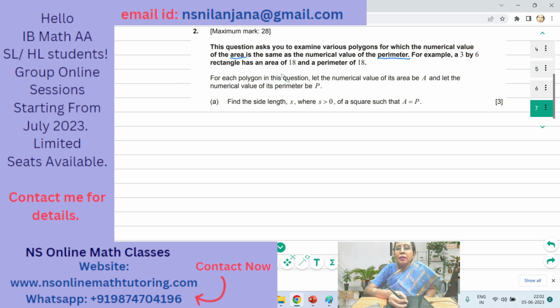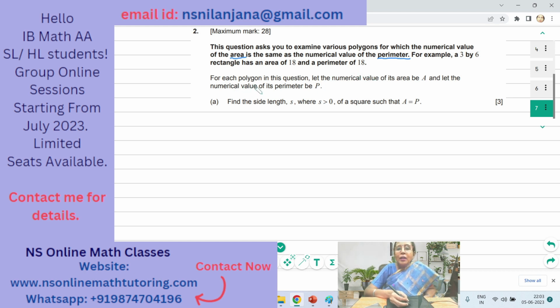For example, a 3 by 6 rectangle has an area of 18, 3 times 6 is 18, and a perimeter of 18, because 3 plus 3 is 6, 6 plus 6 is 12, 12 plus 6 is 18. So the area is 18 and the perimeter is also equal to 18.